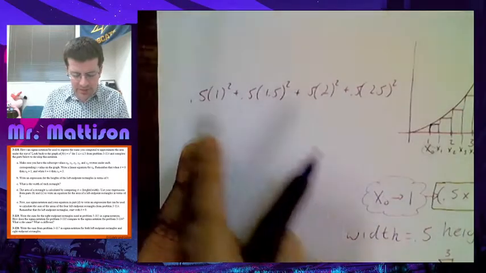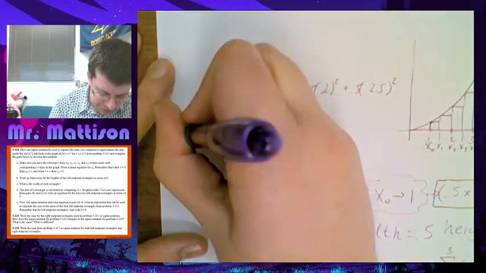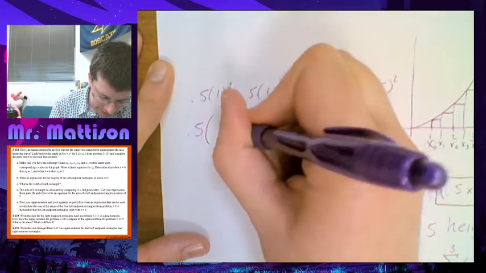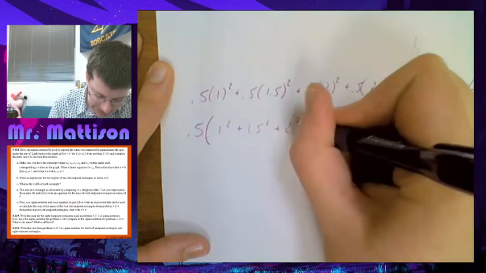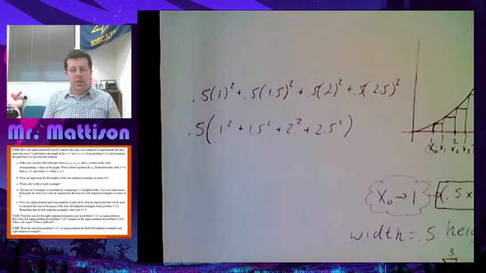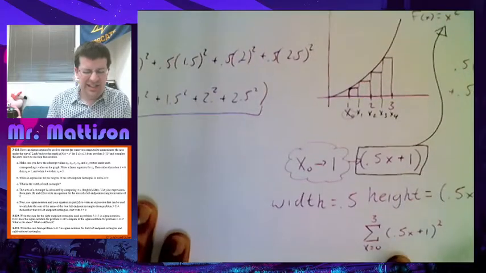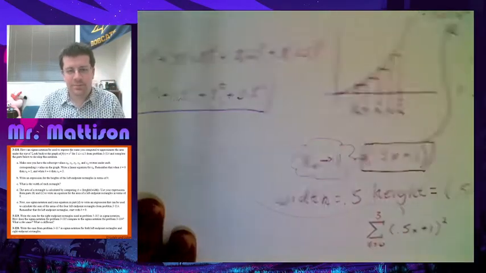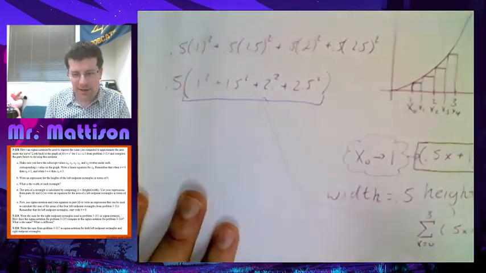But I can also just factor out this 0.5 and have it be 0.5 times (1 squared plus 1.5 squared plus 2 squared plus 2.5 squared), right? So this thing here, that's my summation, right? This gives me that thing. So then I just got to take this summation and multiply it by 0.5.